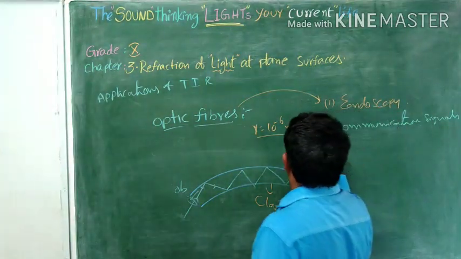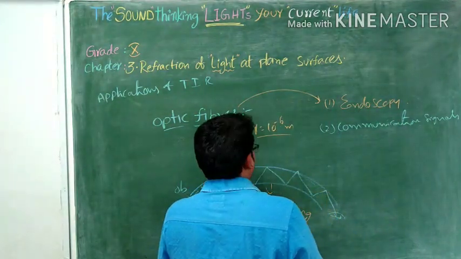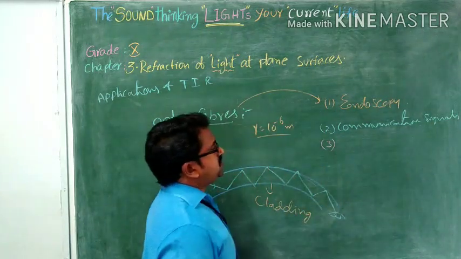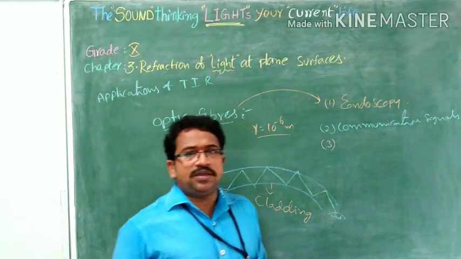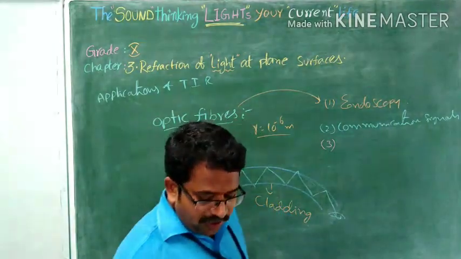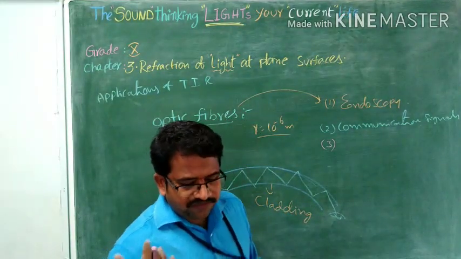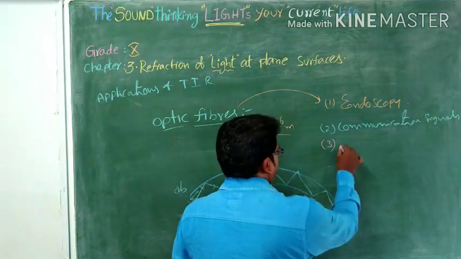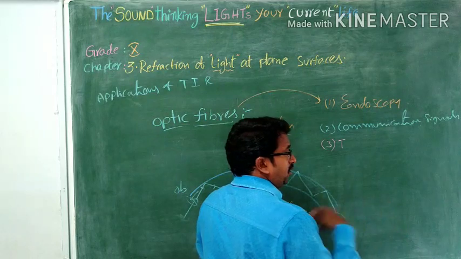Okay, so where we are using this? Communication signals, if we are using in endoscopy. And when you see internationally, from one country to another country, sometimes you have to send transact information.